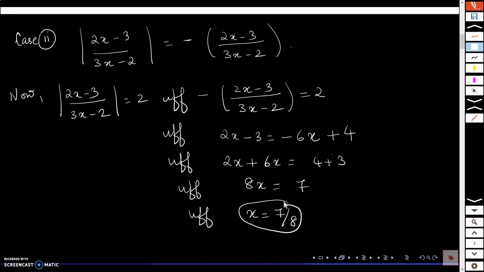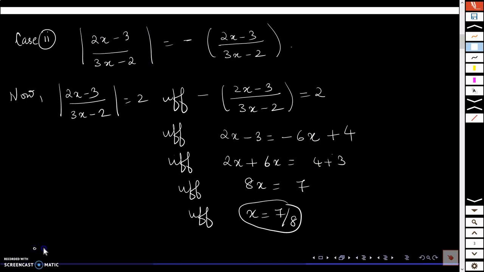right? So if this modulus is equal to its negative of itself, then the only point when it will belong to the set capital A is when x is equal to 7 by 8. And now if you try to put the 7 by 8 in this expression, you will see that this turns out to be equal to 2.